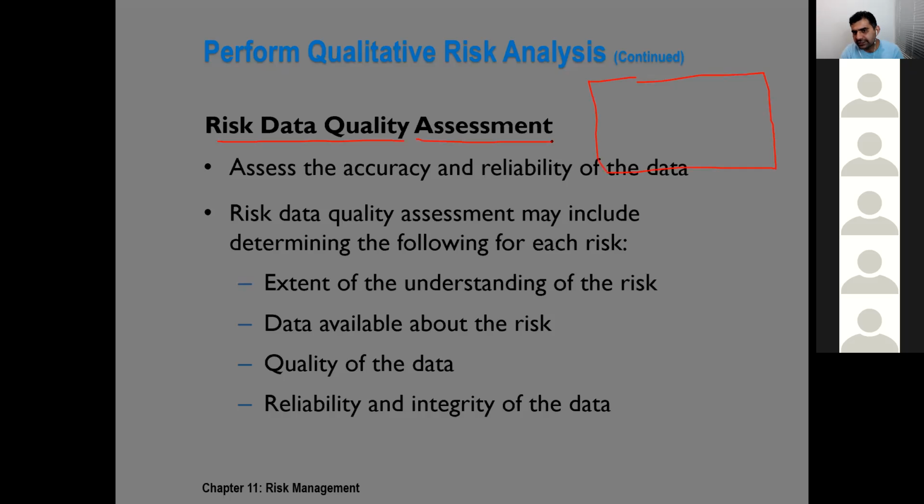So we conduct this assessment to look at the data available and how much data is available. Maybe we really have very limited data available. That might result in not a good qualitative analysis of the risks, but we don't put a separate column. Okay, thanks.